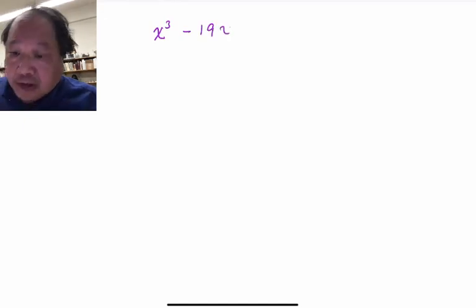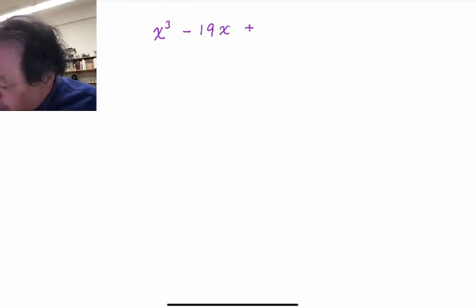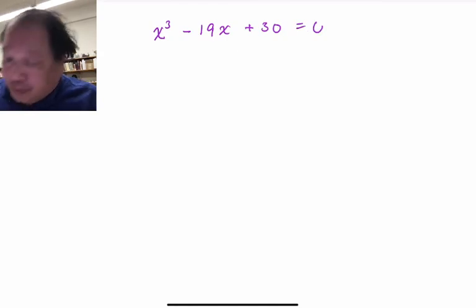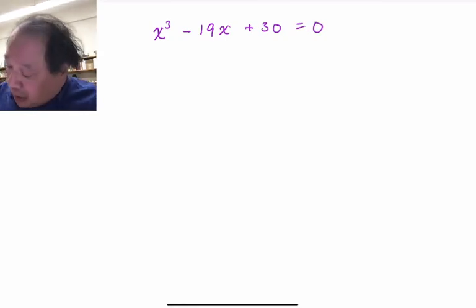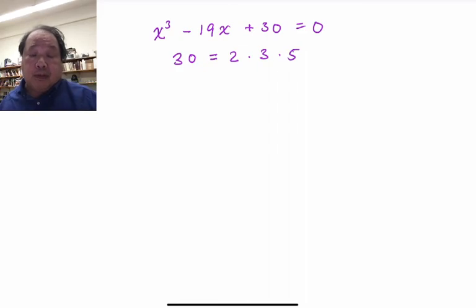The next one we're going to look at in this video is x cubed minus 19x plus 30 equals 0. And so again, we'll look at that 30. Its prime factors are 2 times 3 times 5.